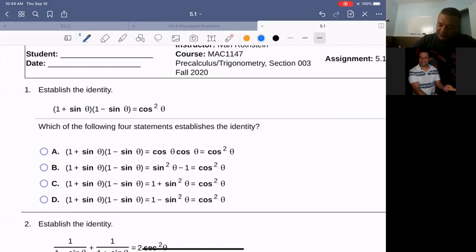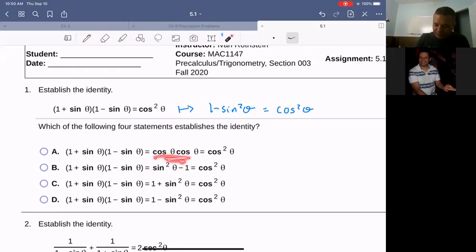So the first thing I'm going to do is go ahead and write out how I would do this without MyLabs Plus. It's always a good idea to do that. So again, this is a difference of squares situation. So this is 1 minus sine squared of theta, and then that does equal cosine squared of theta. So I'm just going to look for that answer.